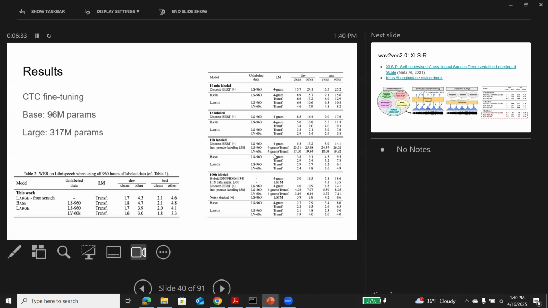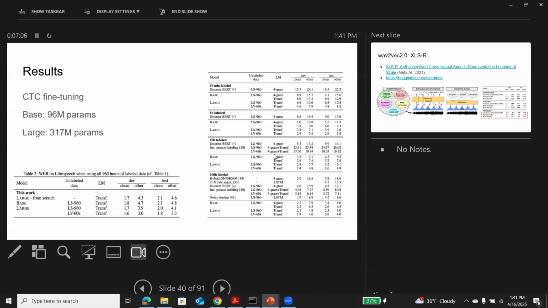After they trained these embeddings for the audio and applied them to the speech recognition task, they got a one-digit word error rate on the other part of the LibriSpeech dataset.